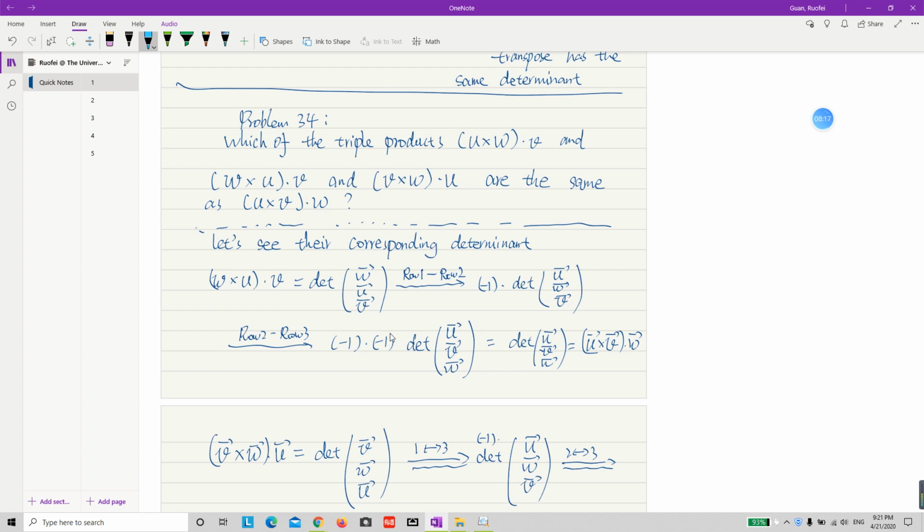So it is minus 1 to the power 2, which is 1, so it equals the determinant of u, v, w, which we know is equal to (u cross v) dot w. So we get this result: (w cross u) dot v equals (u cross v) dot w.